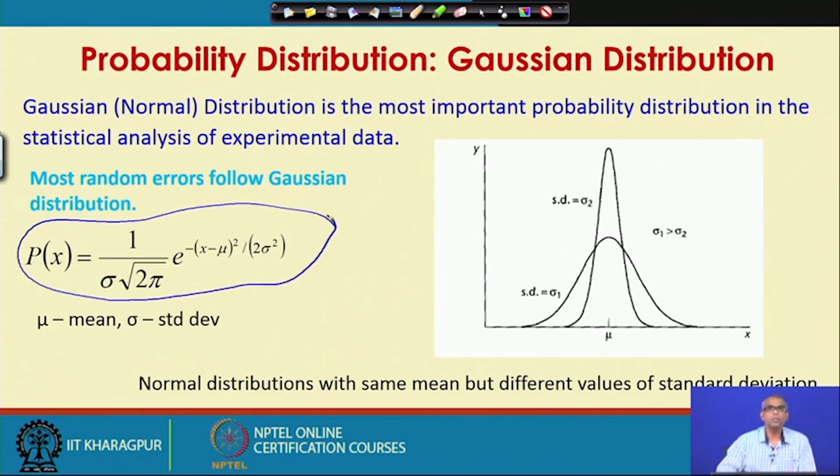A Gaussian distribution is characterized by two terms. One is mean of the distribution, another is standard deviation of the distribution. And the Gaussian distribution is defined by this expression.